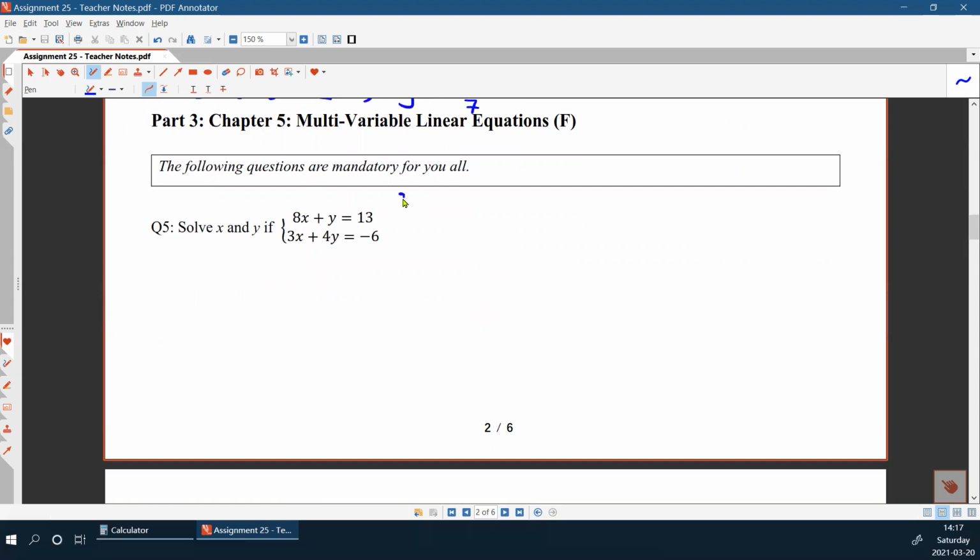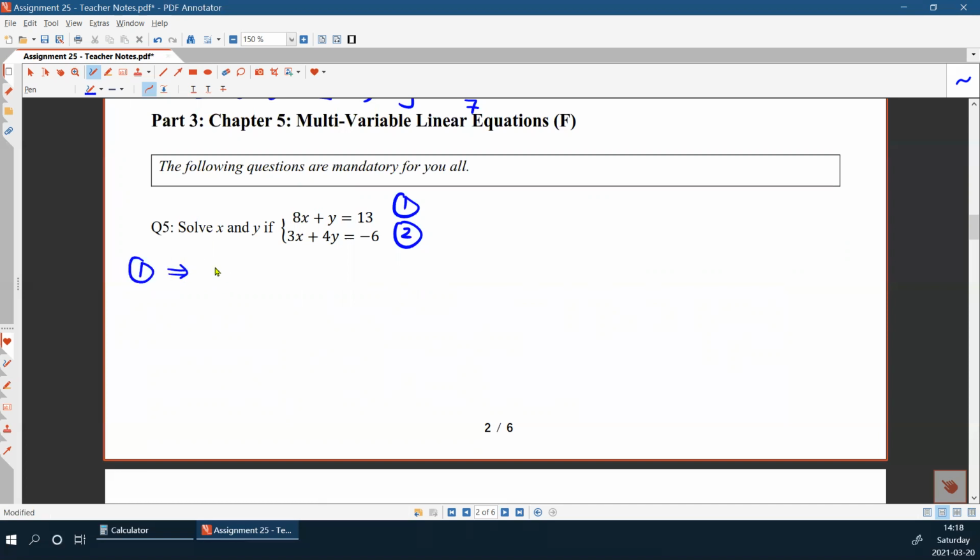Question 5, suppose that labeled with 1 and 2, which method shall we choose? Actually, both the elimination and substitution method are not very complex, right? So here we choose substitution method.